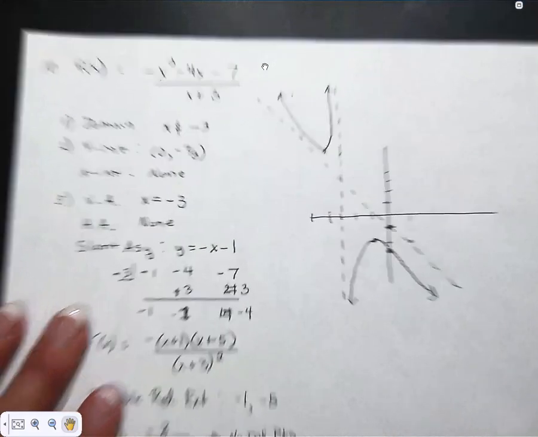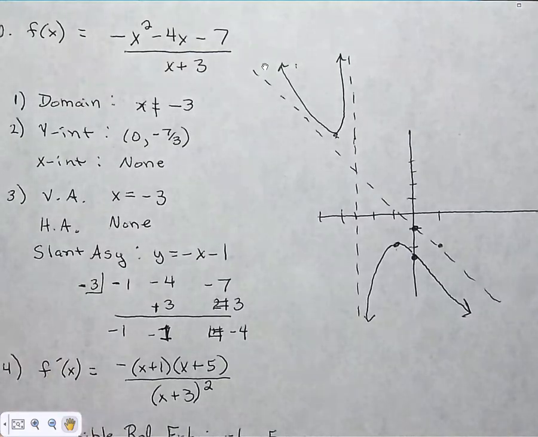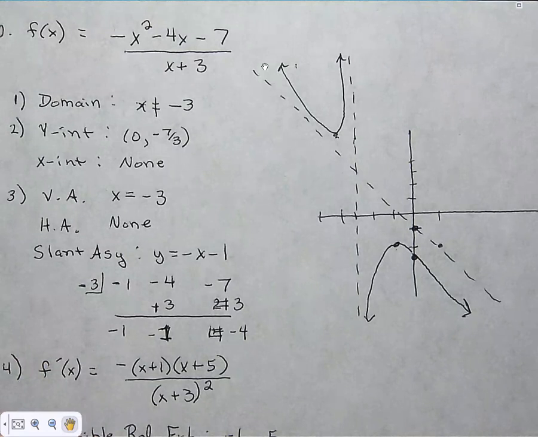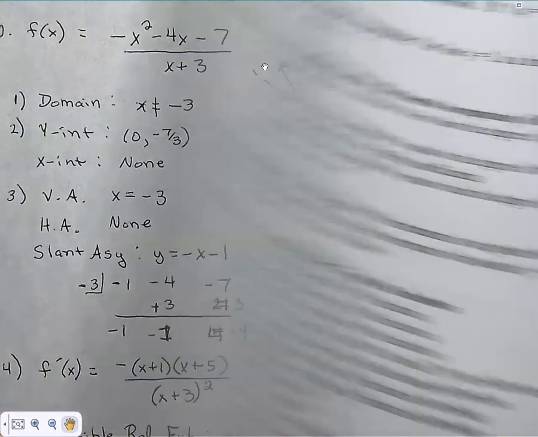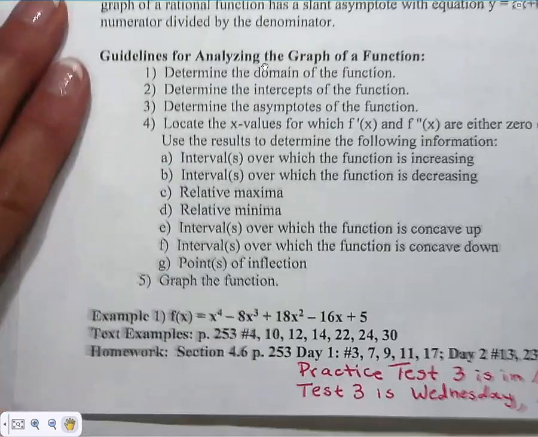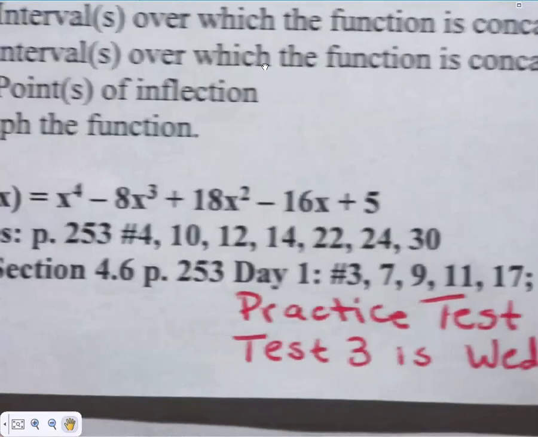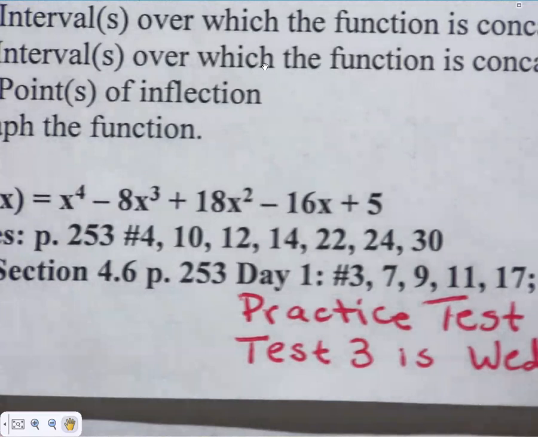Wow. 2 problems per hour. I know. That's why you do not have 1 through 47 odd for homework. Day 1, there's 5 problems.